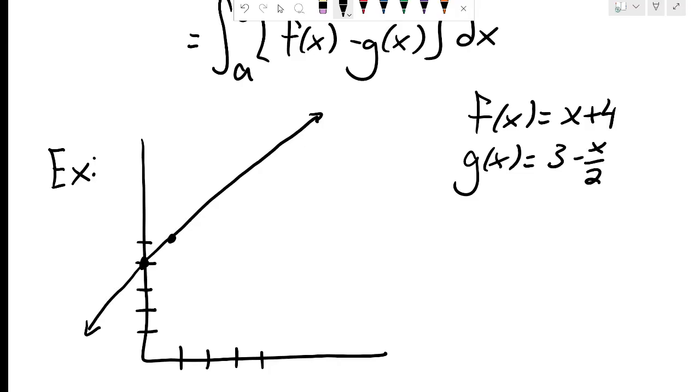And we want to look at this on [1, 4]. That's why I drew 4 tick marks down here. So g of x is going to have y-intercept 3 and slope negative 1/2, so it looks something like this.